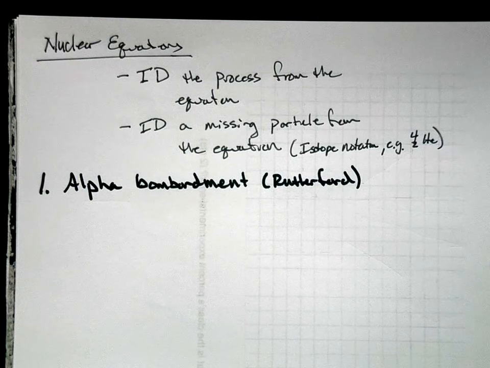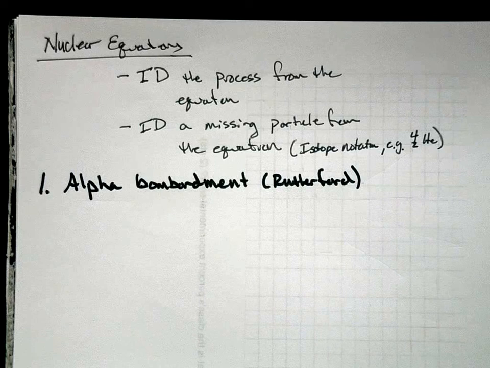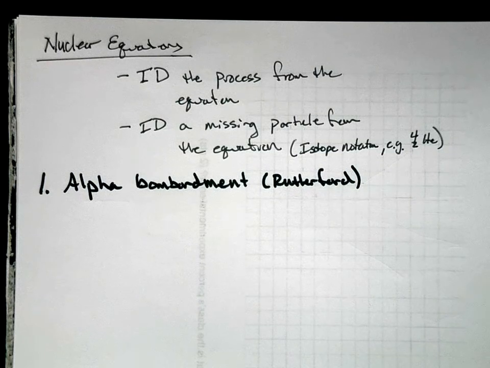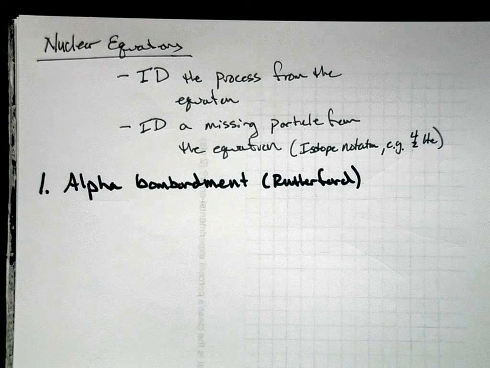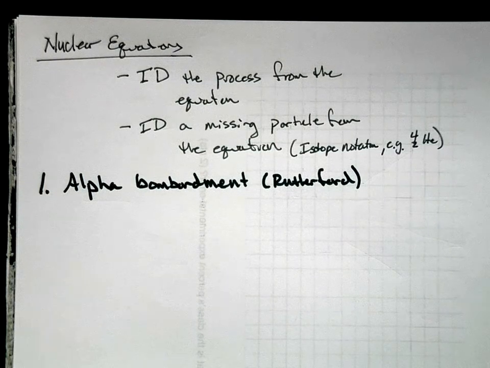But when he was shooting his alpha particles at the nuclei of gold foil, with very few of them bouncing back and the vast majority of them passing through and some of them getting deflected, what he really didn't know is that some of these alpha particles were getting absorbed into the nucleus of a gold atom and transmuting it, creating something else.